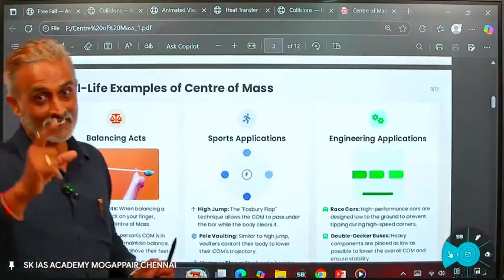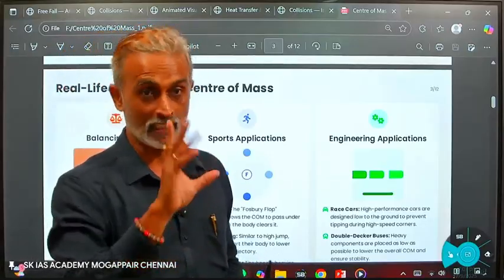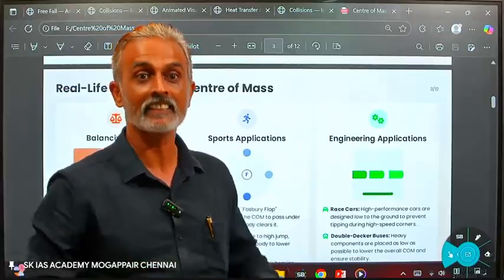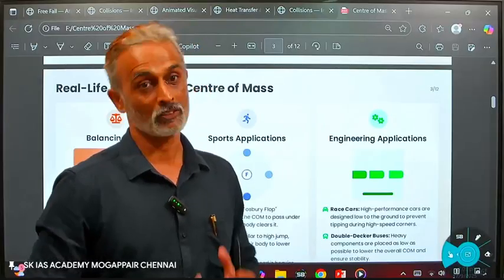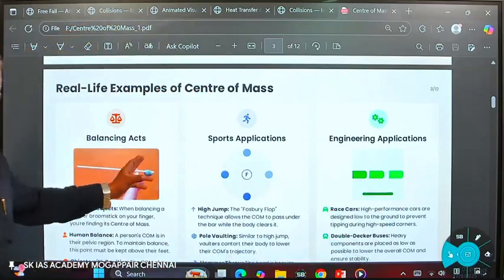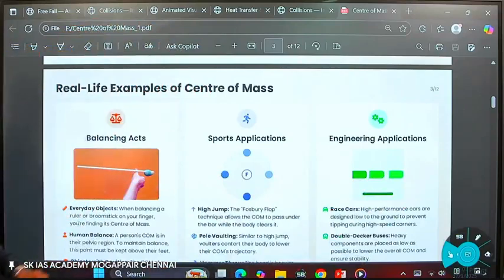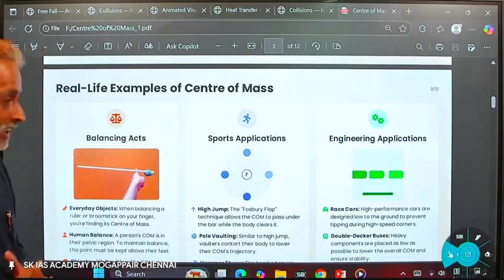Sometimes an accident happens. You know, they unbalance the center of the mass, so it collapses. Correct? Like a balancing act. This is the first real life example of the center of the mass.